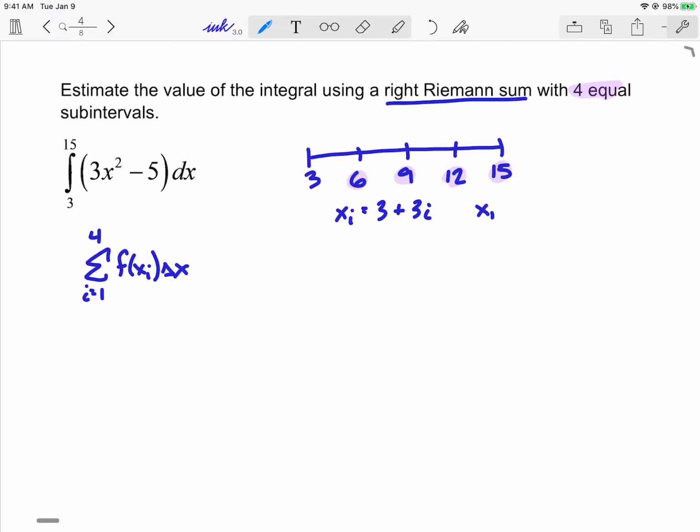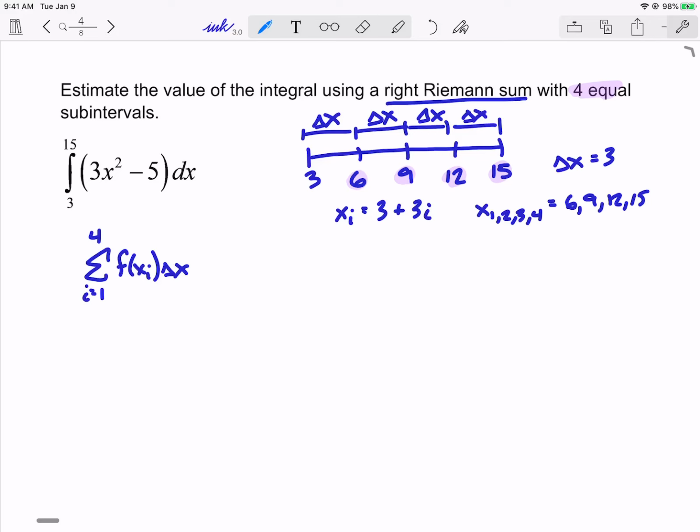So x sub 1, 2, 3, and 4, this probably isn't the most appropriate way to write it, gave me the 6, 9, 12, and 15. And as you know, delta x is simply 3 because that's the distance between any of these points. All these are the same for delta x. Okay, so delta x was equal to 3.